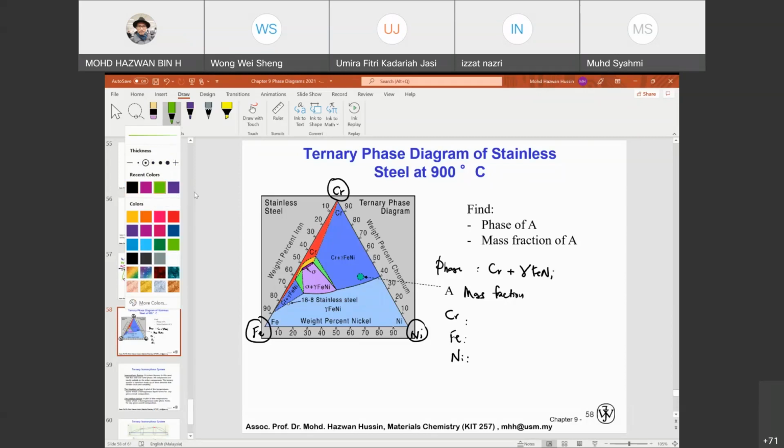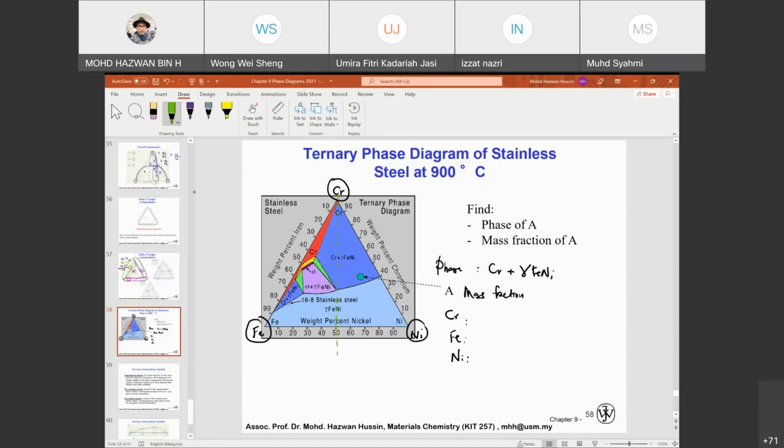Okay. So the first rule applies. We just draw one vertical line over here, just make it half through. And after that, what's next? Next, you draw another line that passes through this line.